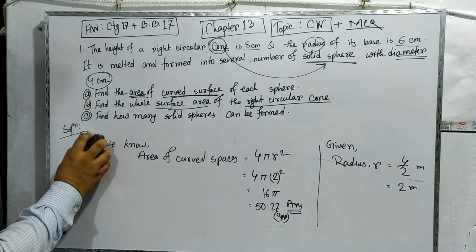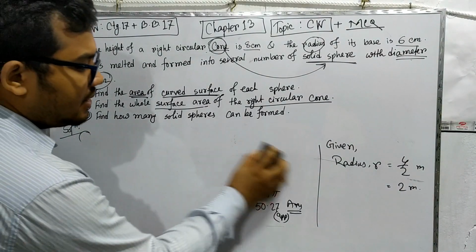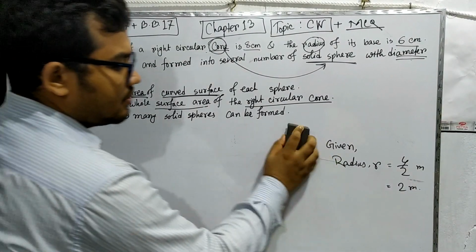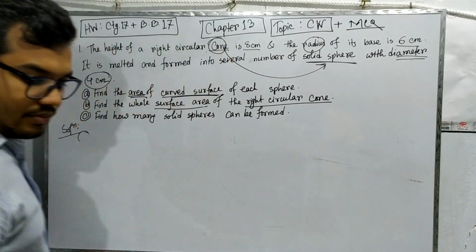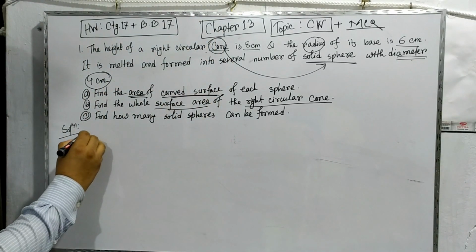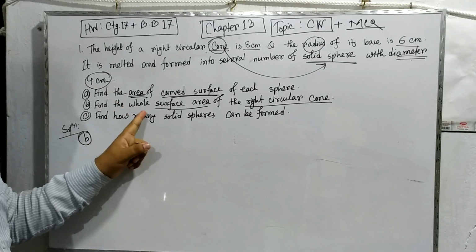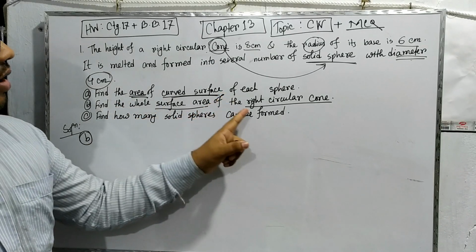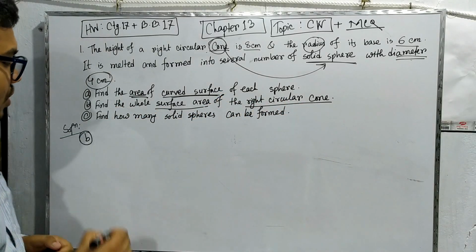Okay, let's go for our second math. We have to find the surface area of the right circular cone.